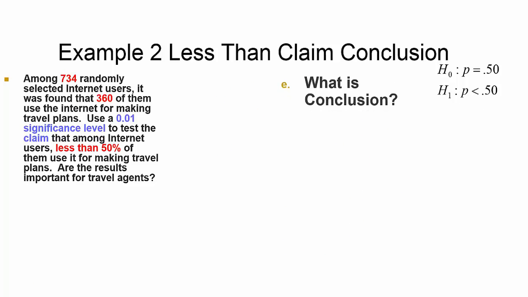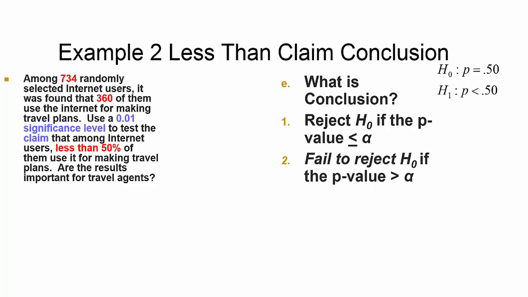So now we want to form the conclusion, and we want to compare the p-value that we just got to the significance level of our test. For this test, they're using a significance level of 0.01. So they said in this second sentence, use a 0.01 significance level. So that's our alpha.